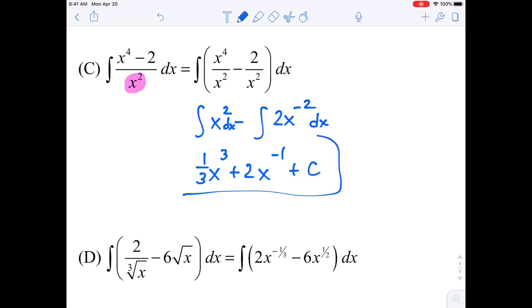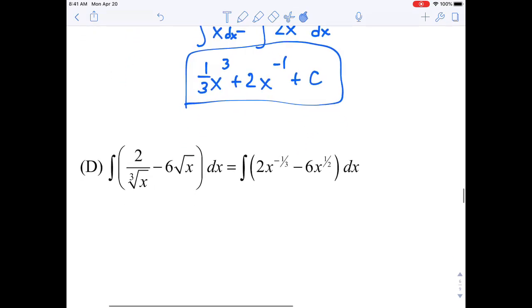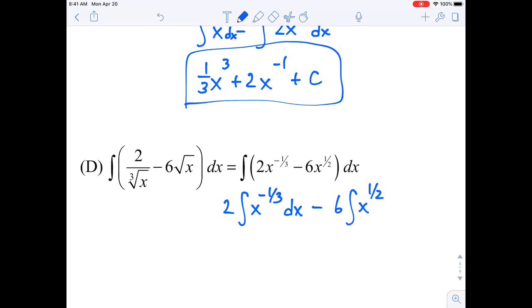And then the last one, again, writing them as exponents, then you can split it. So add one.